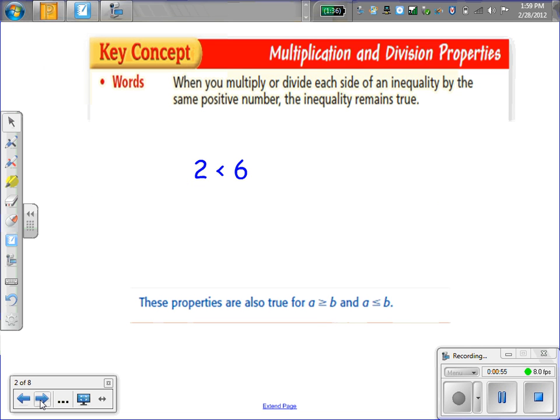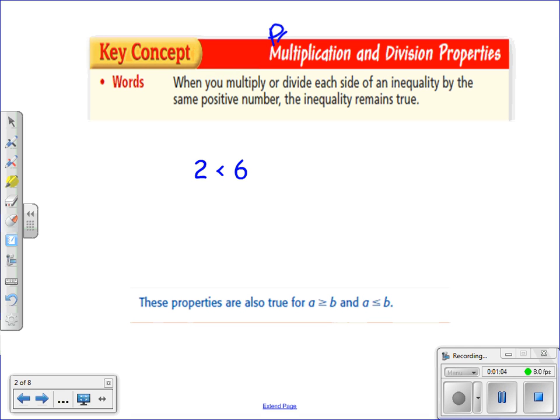All right. When you multiply or divide each side of an inequality by the same positive number, the inequality remains true. That's rule number one. This is for positive numbers.